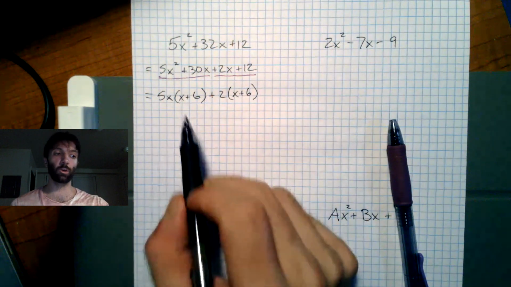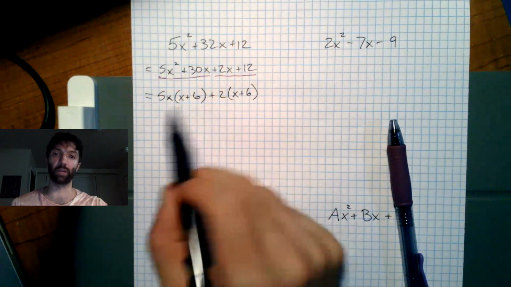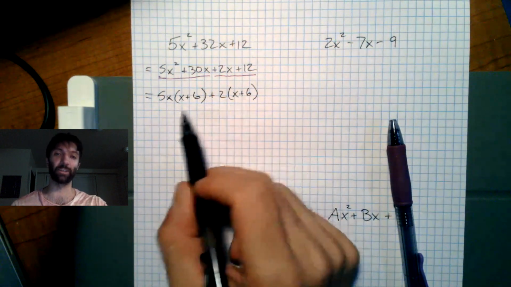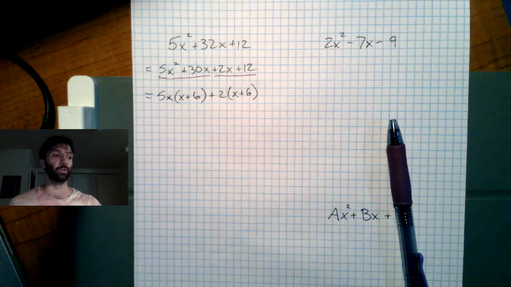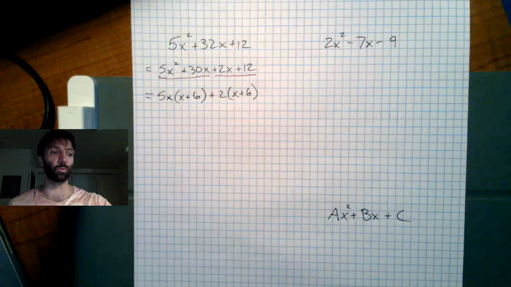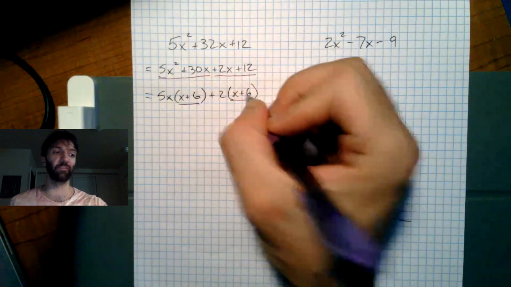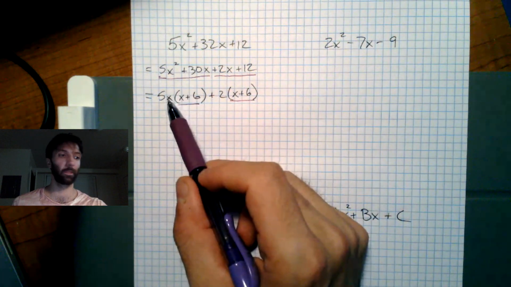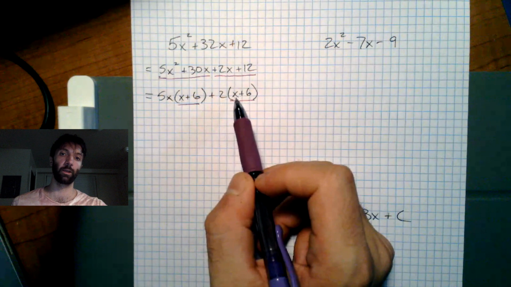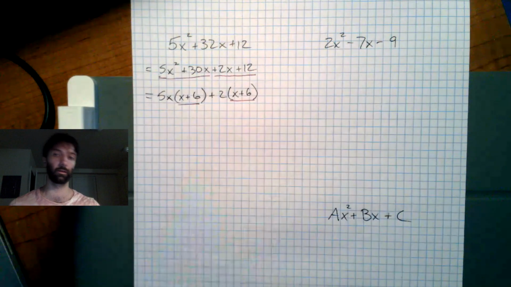It's no coincidence that there's an x plus 6 in both of these products. If that doesn't match, it means something went wrong. Now we treat this x plus 6 as a common factor between this product and this product, so we factor out that x plus 6 and pull it out front.